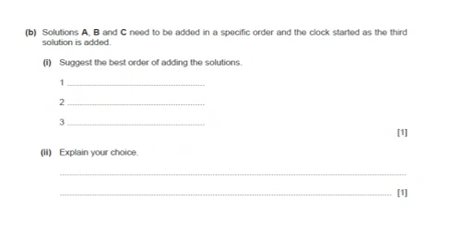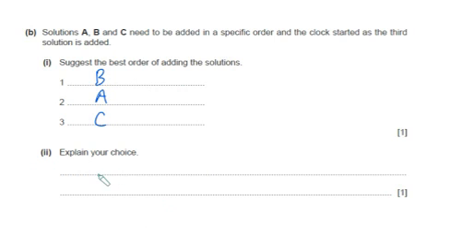Moving on to the next question. Please pause the video and read this question. We had discussed this in the beginning. If you remember, first the sulfuric acid catalyst is taken. To that the reactants A or C can be added, A followed by C. Let's assume this is the order. Explain your choice.